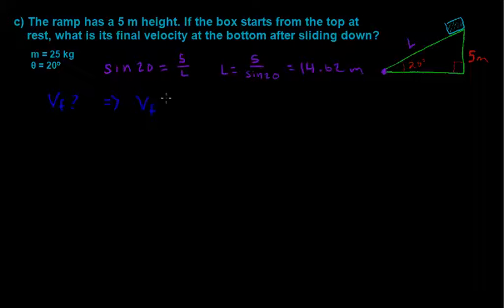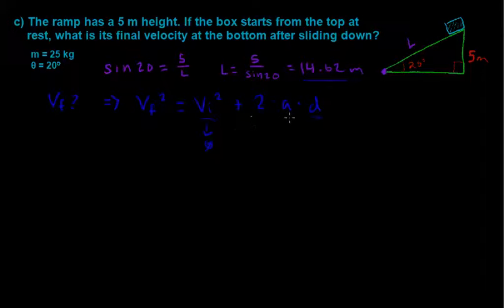Our final velocity squared is equal to our initial velocity squared plus 2 times our acceleration times our distance. And we just now got our distance, our 14.62 meters. We know our initial velocity at the top of the ramp. The problem said that our box starts from the top at rest. So this is going to equal 0 meters per second.